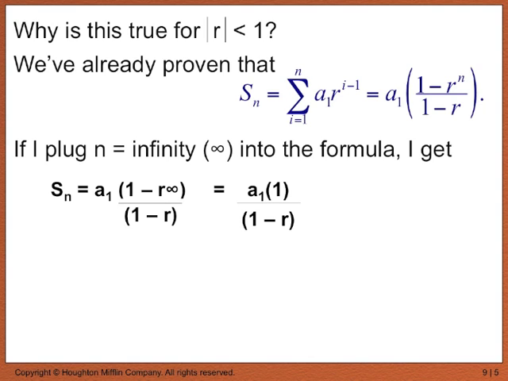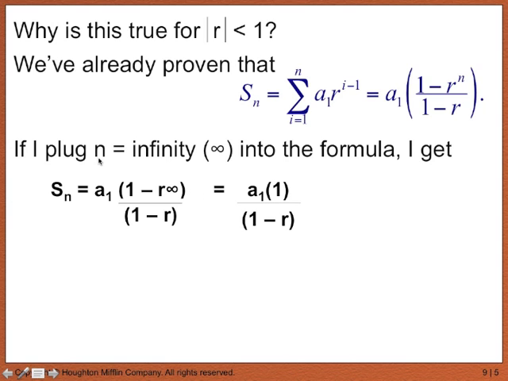A tiny number. What's 1/2 to the millionth power? An extremely small number. So 1 minus an extremely small number, almost an insignificant number, is basically the same as 1.